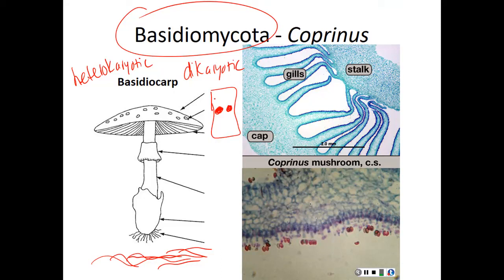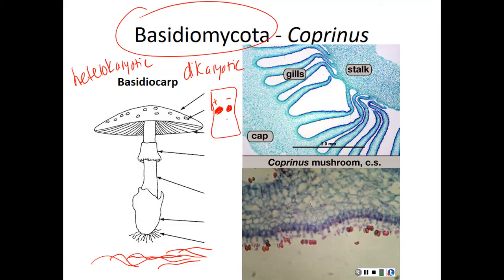One would be from one mating type and one would be from the other. So in other words, plasmogamy has occurred, but karyogamy has not. And in the Basidiomycota, we have typically a long-lived dikaryotic stage where the cells of the mycelium are made up of cells that have two genetically distinct nuclei.